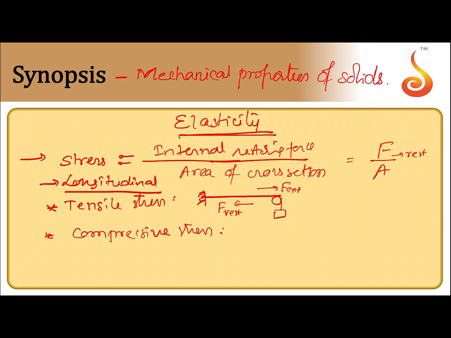Thus, there is a stress. Likewise, if I consider a rod which is fixed to the wall, and I apply a force along this direction, the restoring force tries to pull it back. In the case of compressive stress, suppose there is a rod and I try to push it, or let us take a cylinder kept on a surface and I apply an external force.